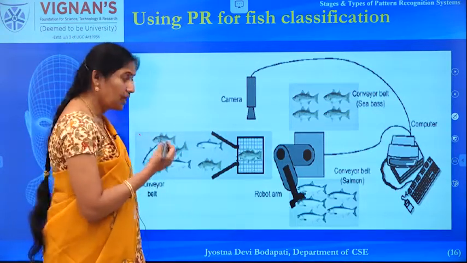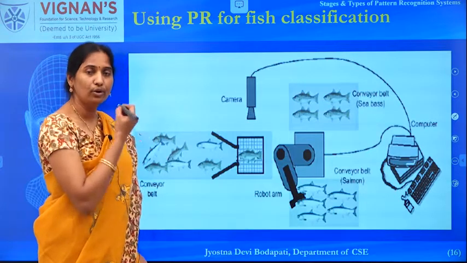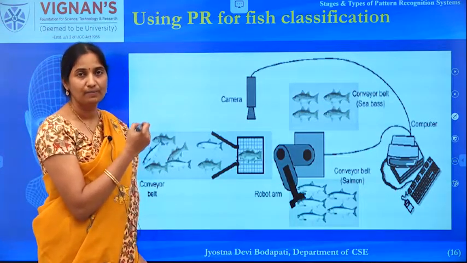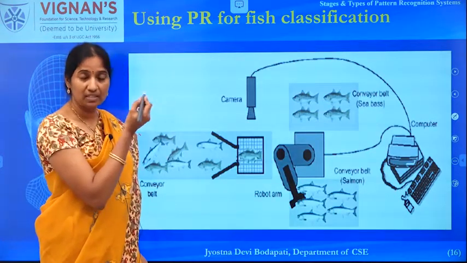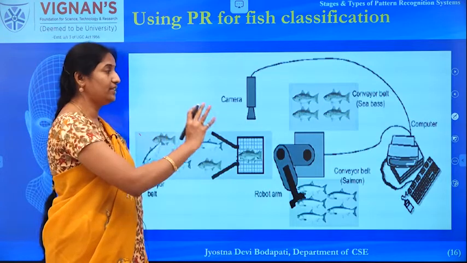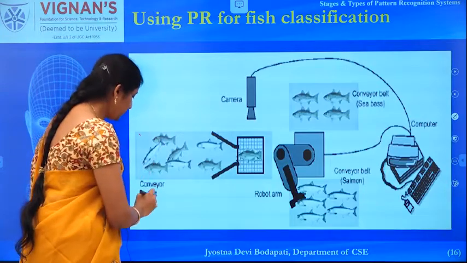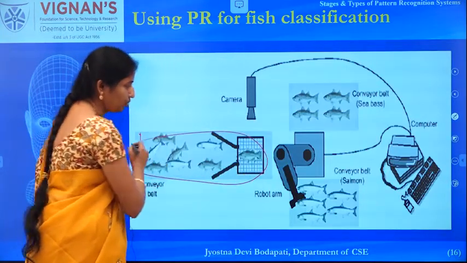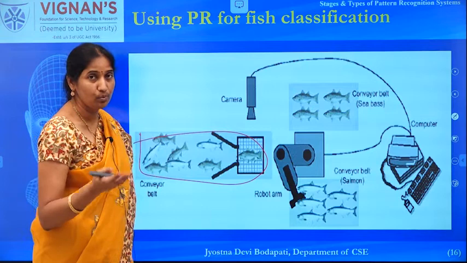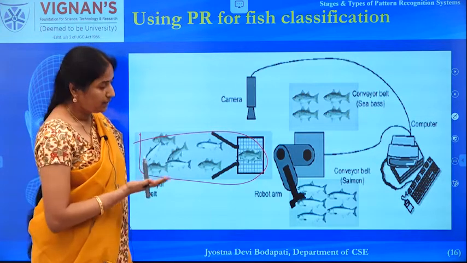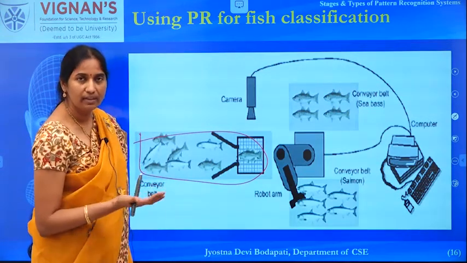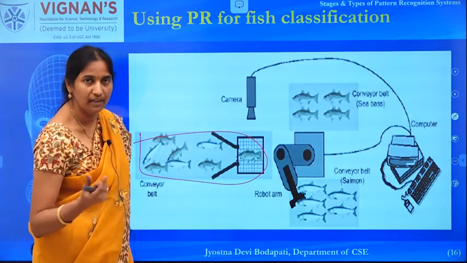Now let's consider how we can automate, and if we automate, how the machine works. If we automate the fish classification problem, what are the different stages involved? Let's see that. Consider this the conveyor belt. You must have seen conveyor belts in airports, or at least in movies, where whatever you keep on the conveyor belt keeps moving, right?